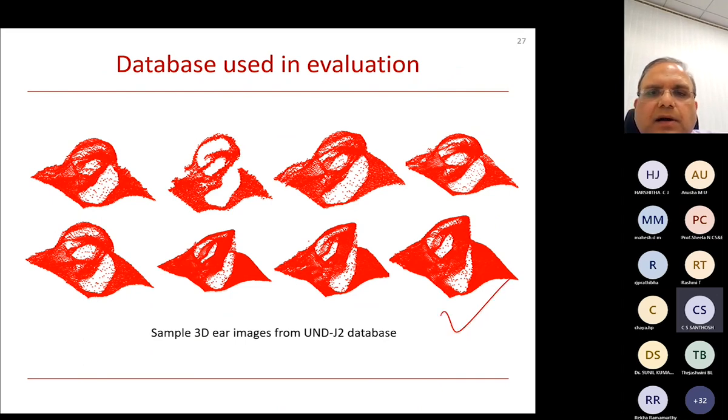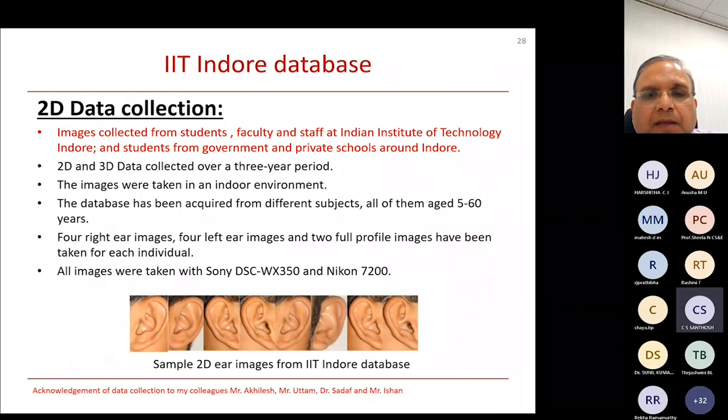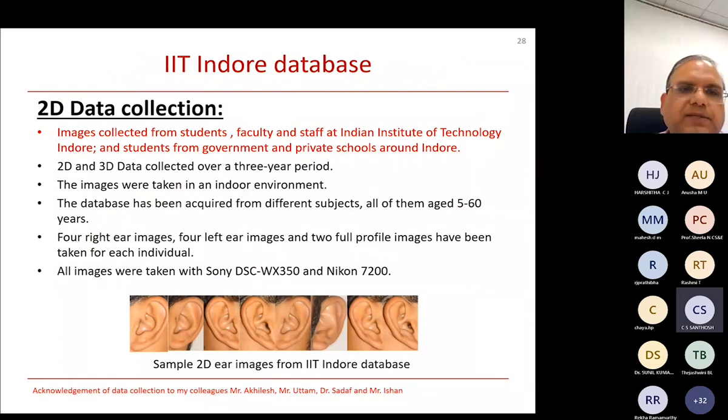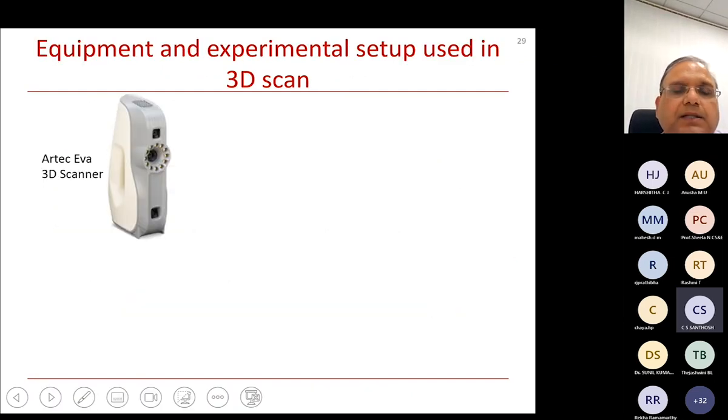These are all ears from the UND J2 database. At IIT Indore also we have an ear database, which consists of 2D as well as 3D ear data. These are two samples from the database. This is the sensor that we are using for capturing the 3D data.